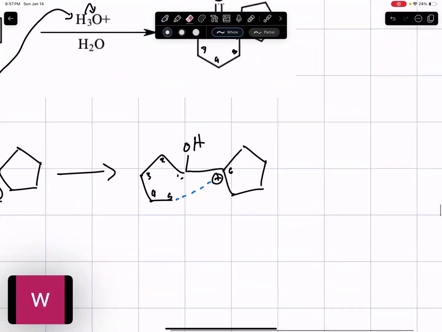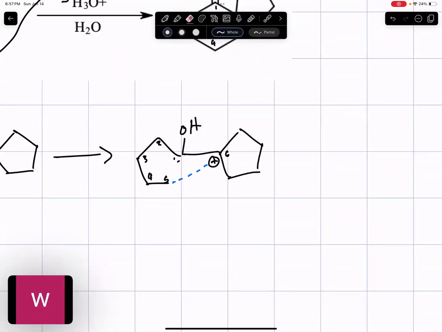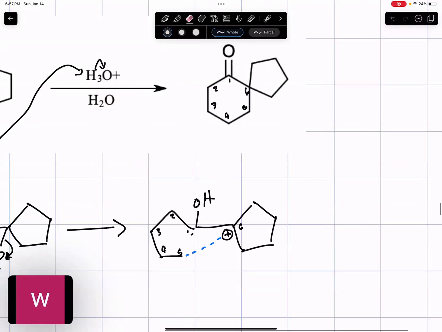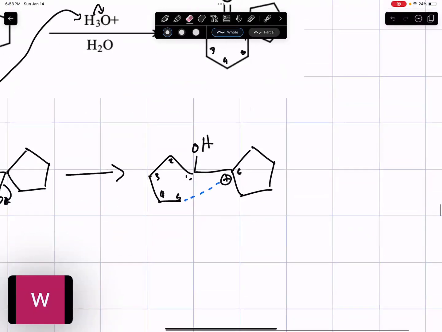So that's how you know that we're not breaking any carbon bonds in that pentane ring. Rather, we're breaking the pentane ring to the left, making it a hexane ring. That's why we broke the bond between 1 and 5, the bond that was originally here, and we're now forming it between 1 and 6.